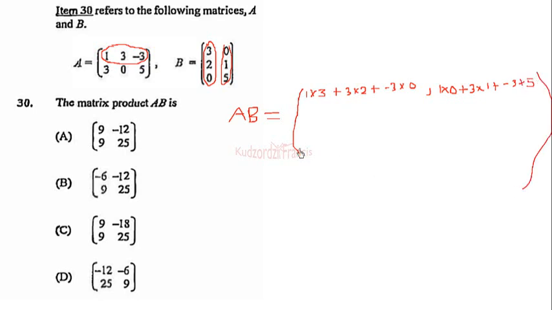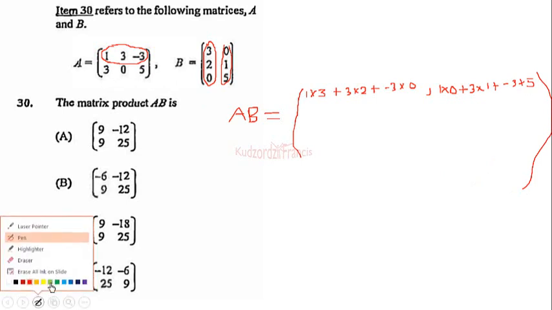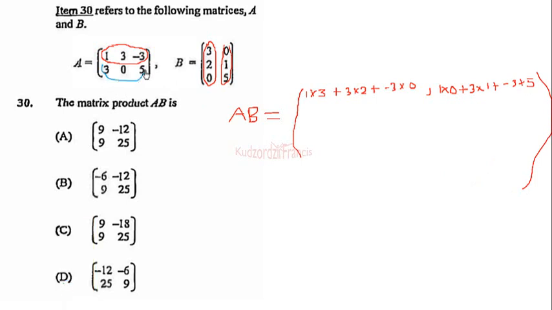Then we come to the bottom now. The second row will now take on each of the columns. So let's go. We have 3 times 3, then plus 0 times 2, then plus 5 times 0.